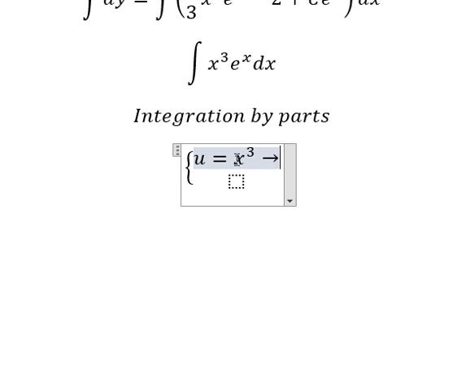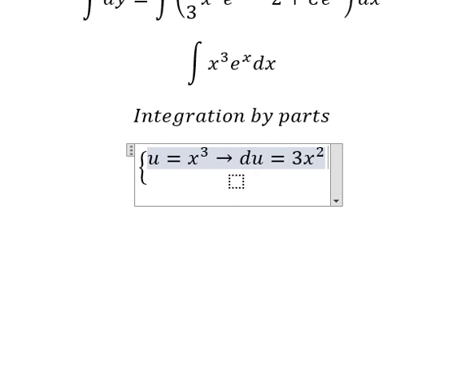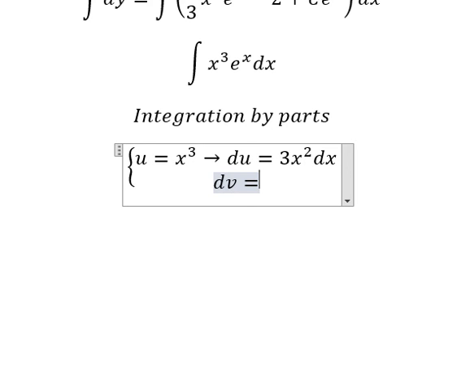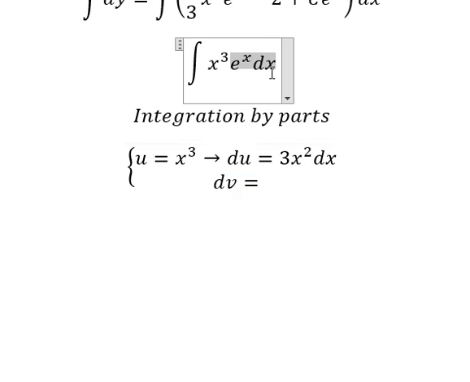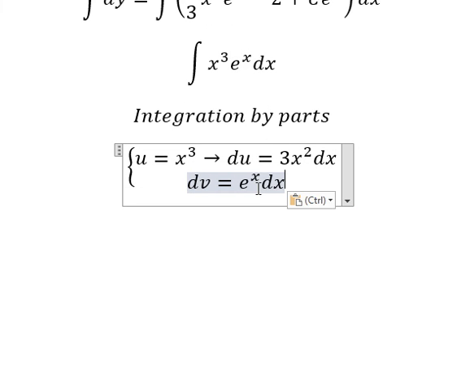We take the first derivative for both sides, and we have 3s squared ds. dv is this one. So the integration of this one, we have v equals e to the power of s.